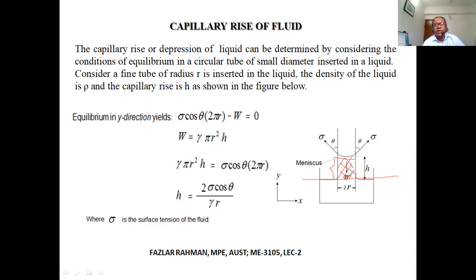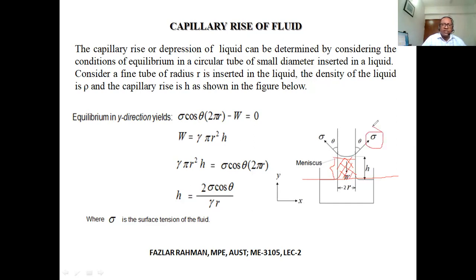Now you need to figure out what the height of a certain fluid will be, how we can figure out that height, and which values it depends on. Number one, it depends on the density of the fluid, then the diameter of the tube, and also on surface tension.